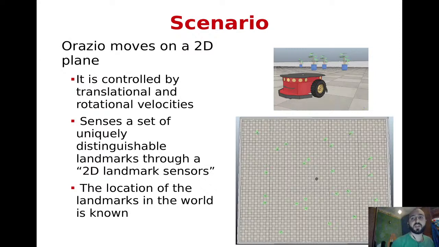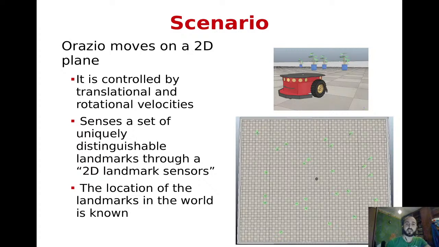So the scenario: we have our robot, Orazio, which is a differential drive platform, so a unicycle model, basically. We can control it by translational and rotational velocities, so V and omega. You should have seen that in autonomous and mobile robotics, I guess, at this point, more or less. It is equipped with a really strange sensor, because it is capable of perceiving 2D landmarks, and it can also distinguish them uniquely.